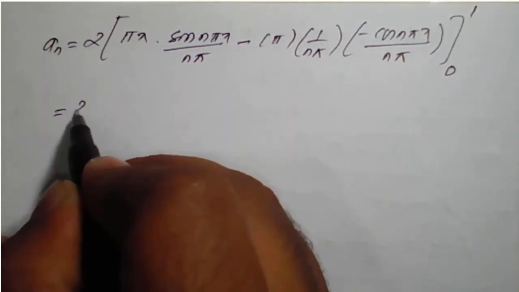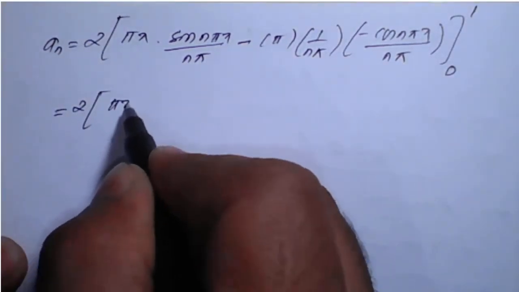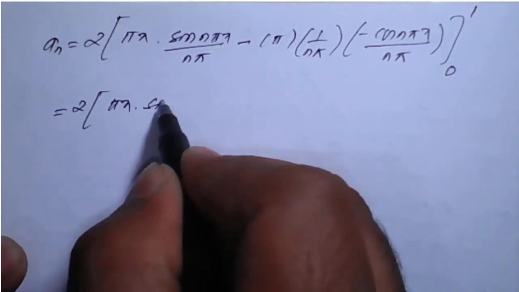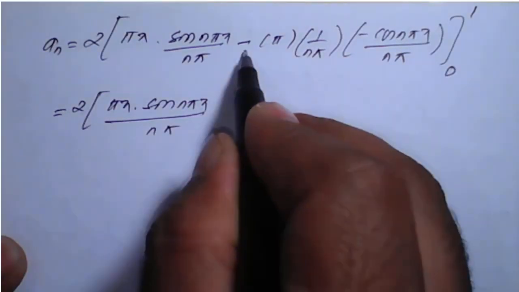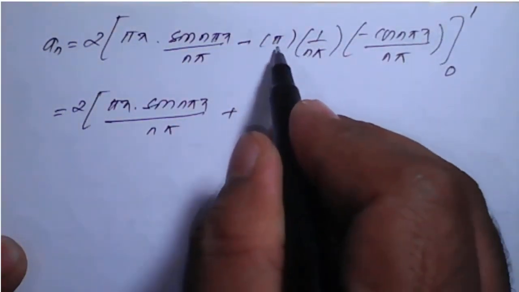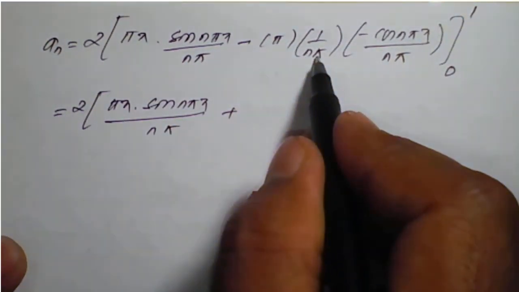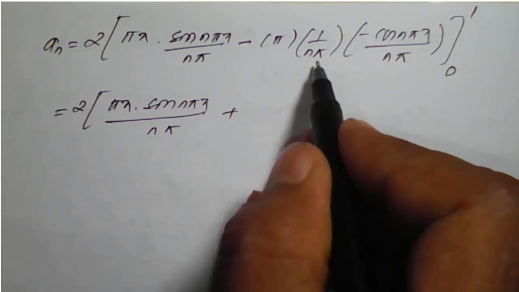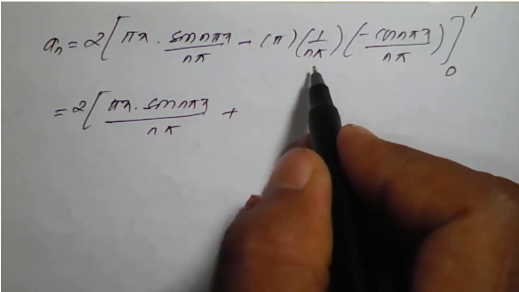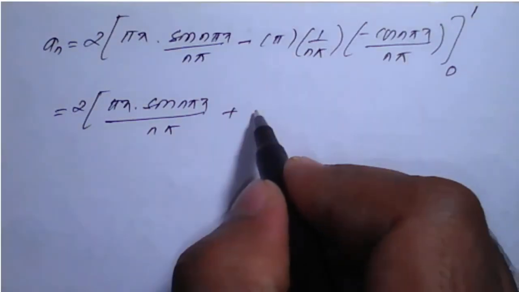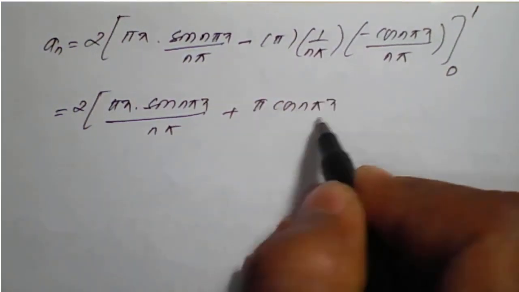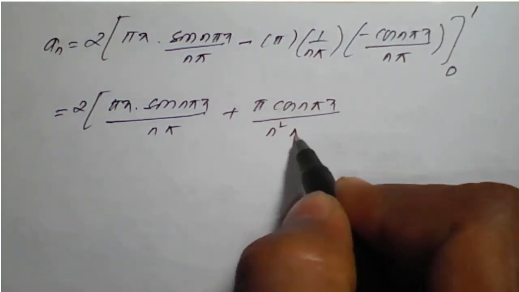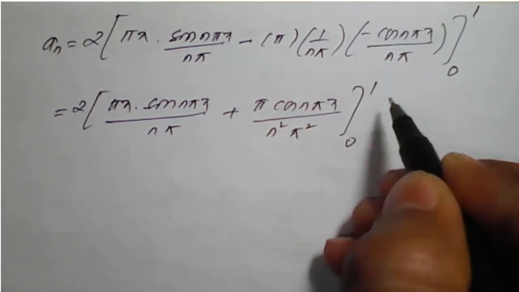So therefore 2 into pi x into sine of n pi x upon n pi, minus minus plus. So this pi and this pi cancel, or else I will keep it as it is now. So pi into cos of n pi x upon n square pi square, 0 to 1.